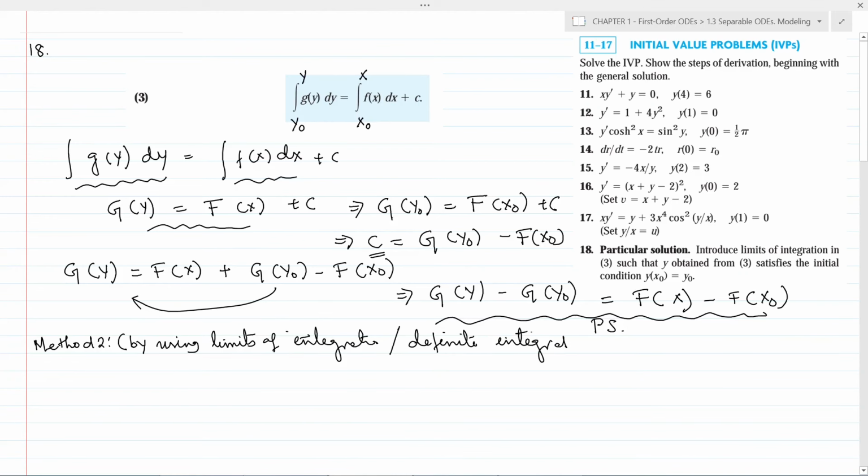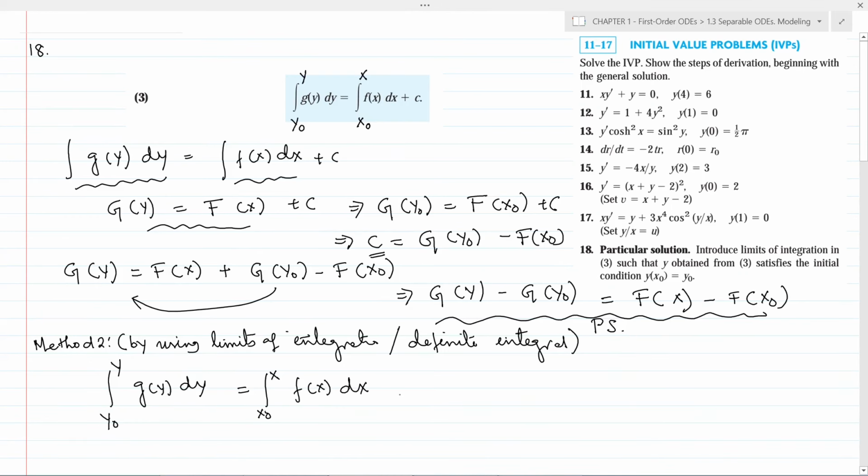When we use limits of integration, the integration is called a definite integral. So now we can write integration of y naught to y g of y dy is equal to integration of x naught to x f of x dx.